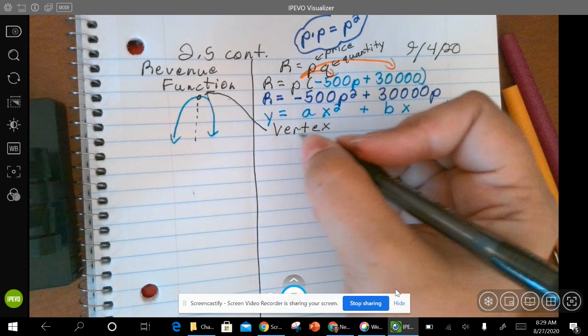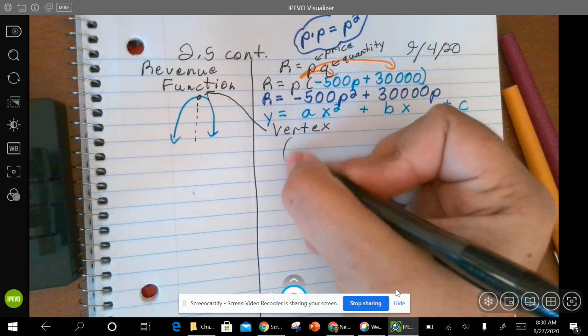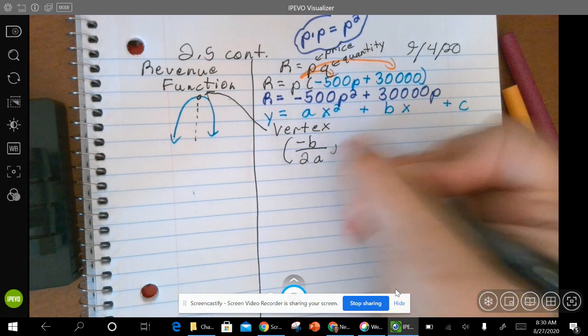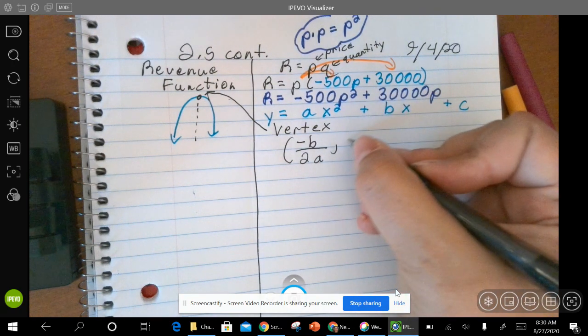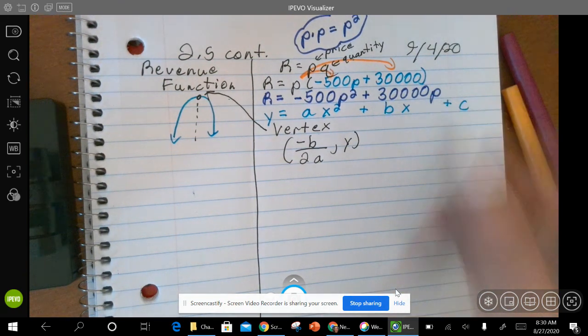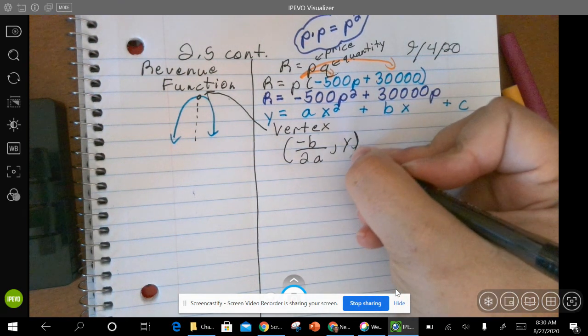We're going to use this formula, negative b over 2a, and our y value. Then we're just going to substitute in our numbers.